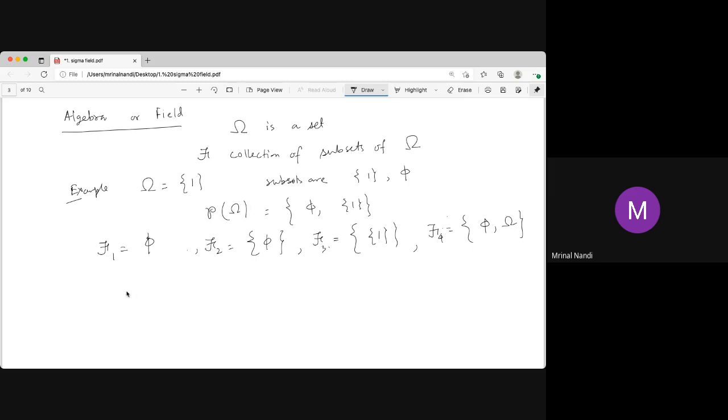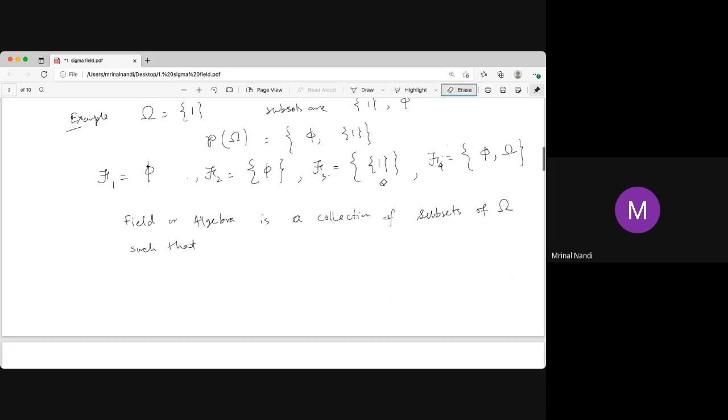Now, what is a field? A field, or algebra, is a collection of subsets of omega such that, so there are 4 different collections, but all 4 may not be a field or algebra. There must be some condition.